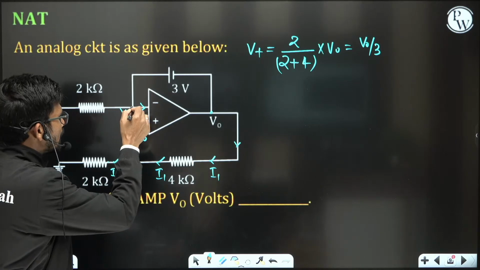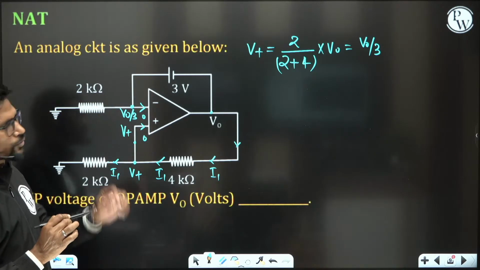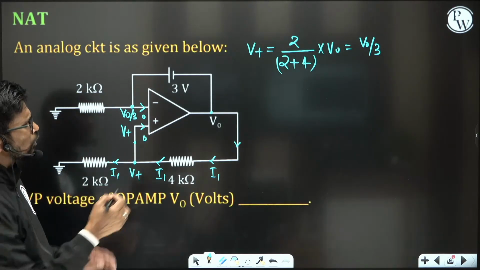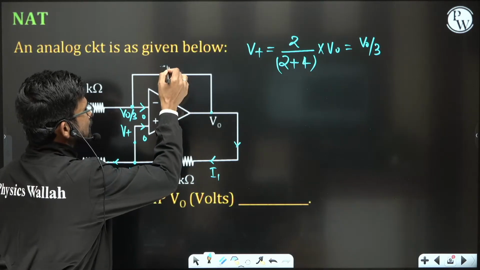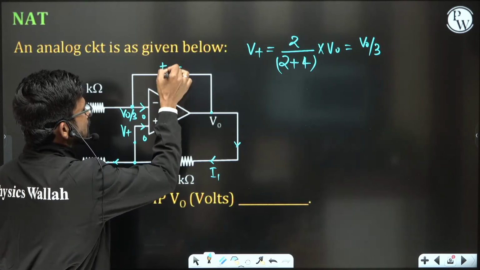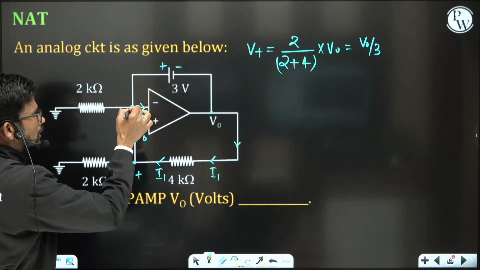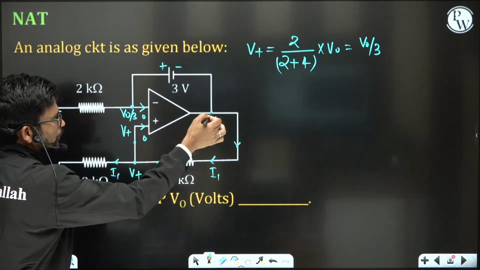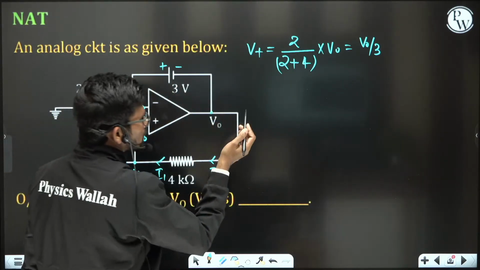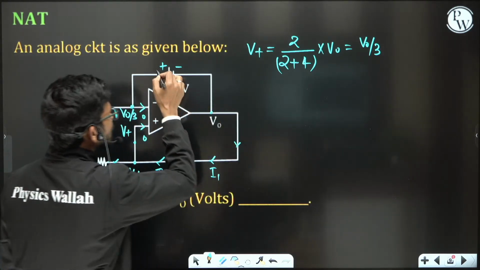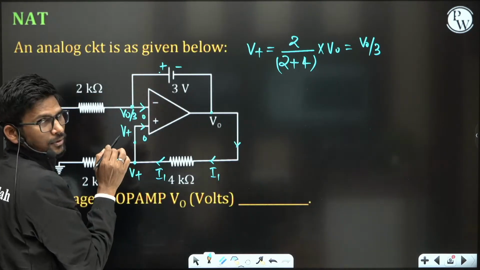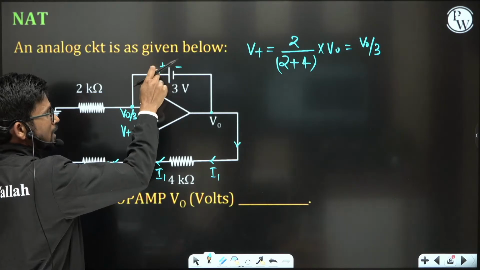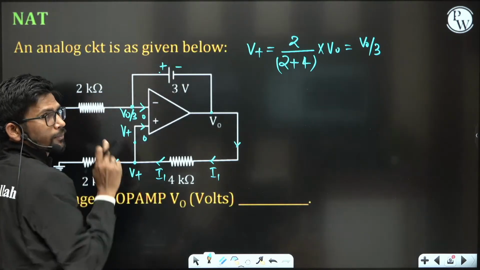Now I need to apply KCL at this node. See it closely. This battery's plus-minus voltage difference is 3 volt. The plus node is at V0 by 3, and the minus node is at V0. How do you measure the potential difference? V plus minus V minus: the plus node potential of the battery minus the minus node potential of the battery.